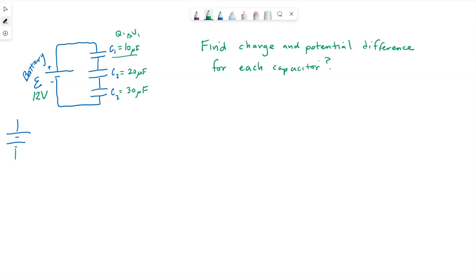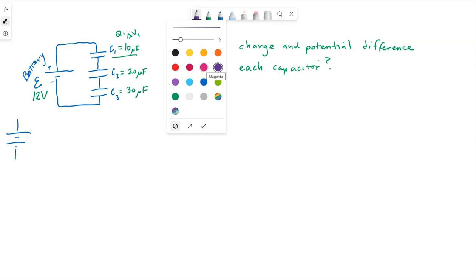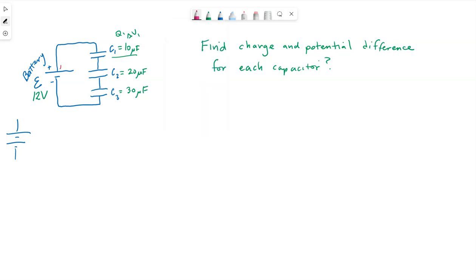Okay. All I can say right now is these 3 capacitors are connected in series. In my opinion, the easiest way to recognize that quickly is to just follow a path from one end of the battery through the circuit, keep going until you eventually get to the other end of the battery. If that path requires you to pass each capacitor, then they're in series.